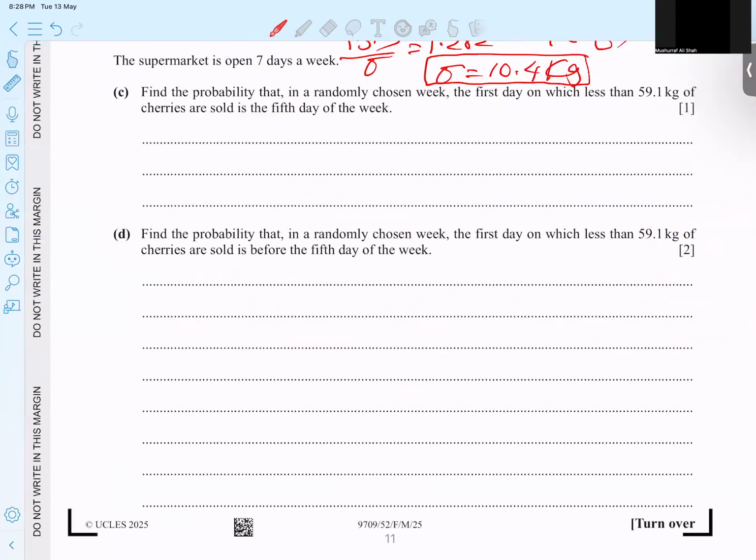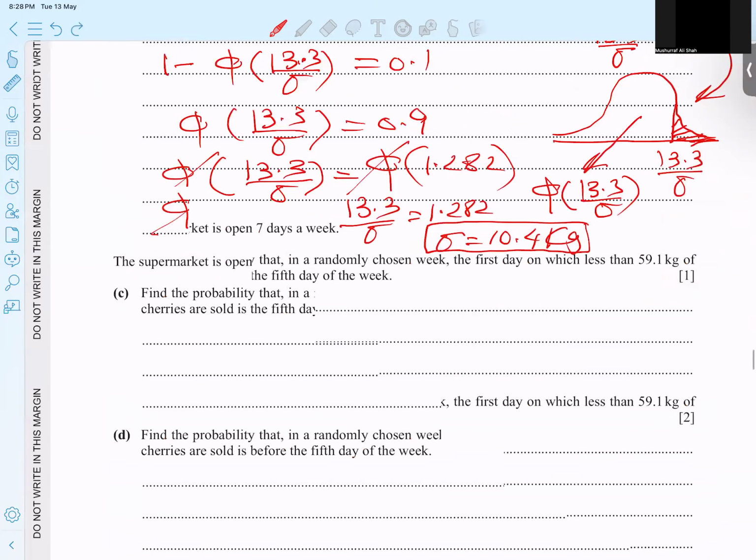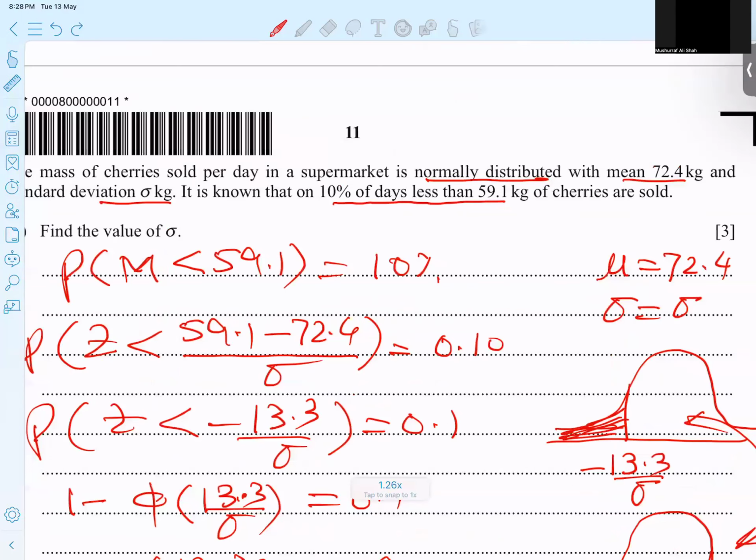Let's talk about part C. The supermarket is open for 7 days. Find the probability that in a randomly chosen week, the first day on which less than 51.1 kilograms are sold. If you look at the top, less than, you see 10%.